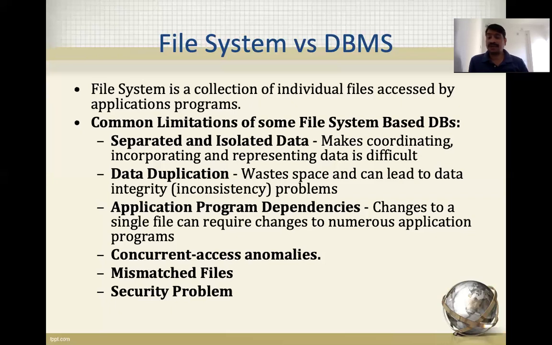That is making the file system inconsistent. It means if I do any updation in one file, it is not going to reflect in another file. I have to do it separately. So that is caused by data duplication, and there is a waste of space also. When I am storing the duplicate data, definitely there is a waste of space.